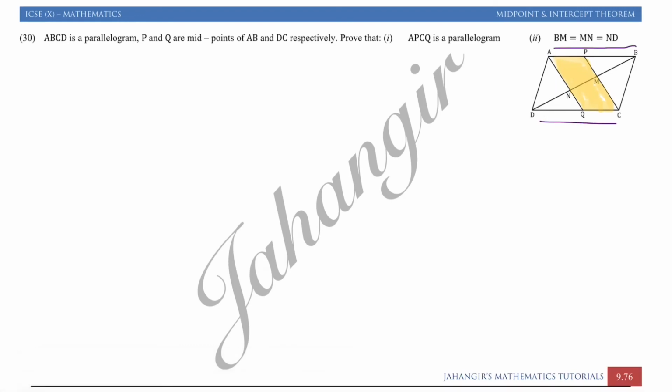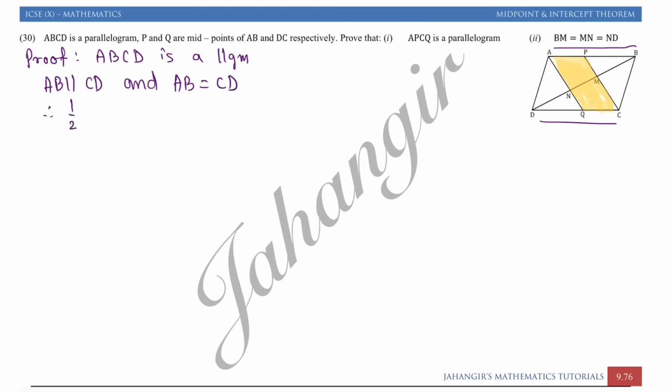So first we will write the proof. ABCD is a parallelogram in which AB is parallel to CD and AB is equal to CD. So therefore I can say half AB is equal to half CD. This you can keep as first.